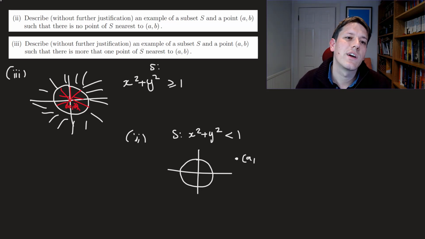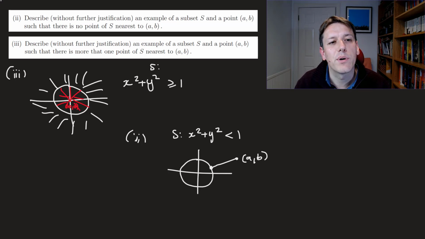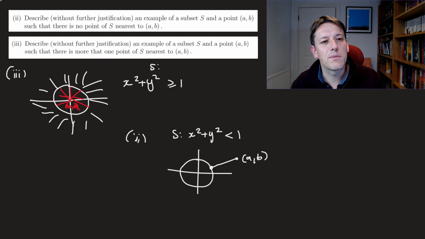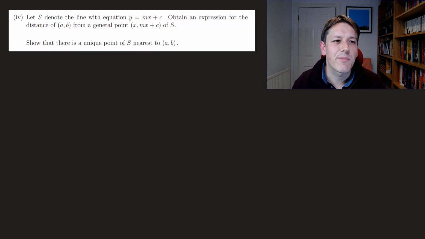So when I look at a point AB, well, the closest point is still the one that we were looking at before, in a sense, right? There's no other candidate that could be the closest point. But on the other hand, because I'm not including the boundary of the circle, that point isn't actually in the set S. So that's how we construct a case where there's no point of S nearest to AB. I think that's a tough question for the mat, but well done if you got it.